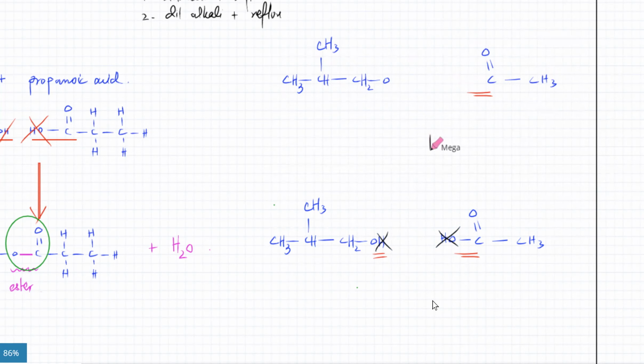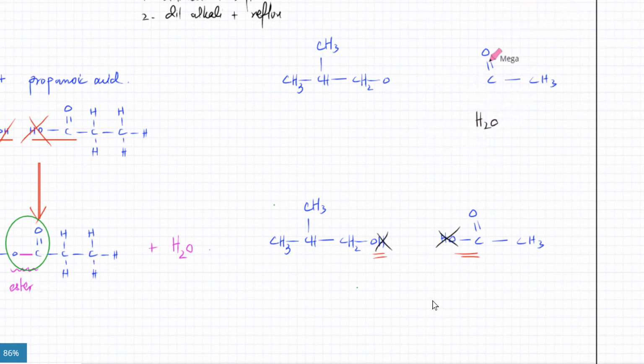So you got a water molecule, which is formed. तो इसको ऊपर की डायरेक्शन में कर लेंगे.